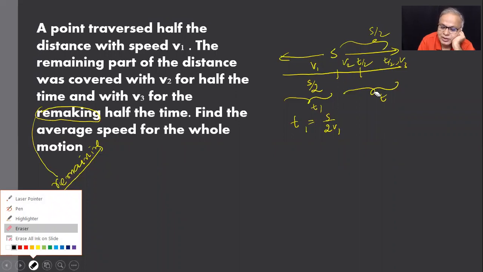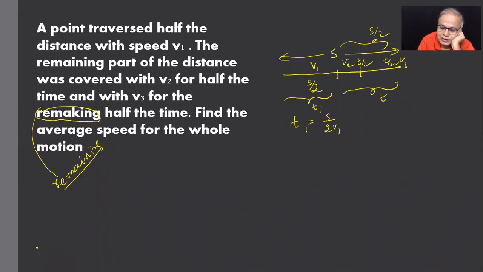I wanted the time t in terms of this v1, v2. So I can write, tell me, what should I do? Sir, we can write t by 2 in terms of v2 and v3 and equate them both. Come on, tell me, and what should I write now here quickly?